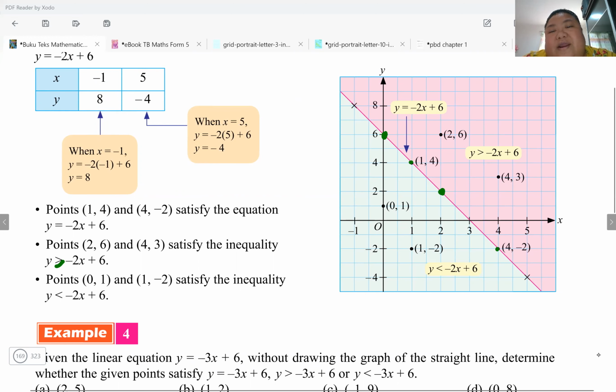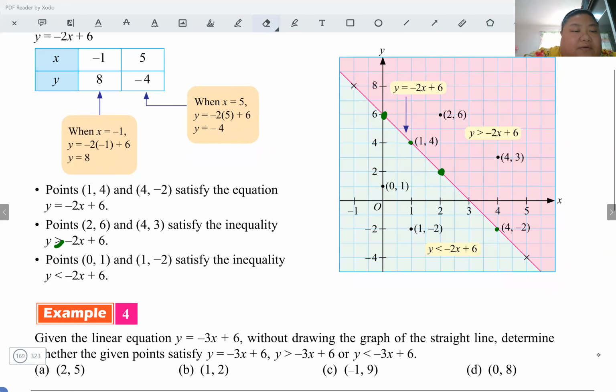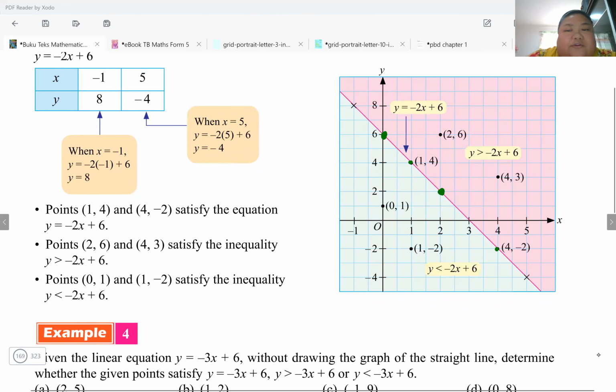When they are on the line, they satisfy the equation y equal to negative 2x plus 6. Got it?